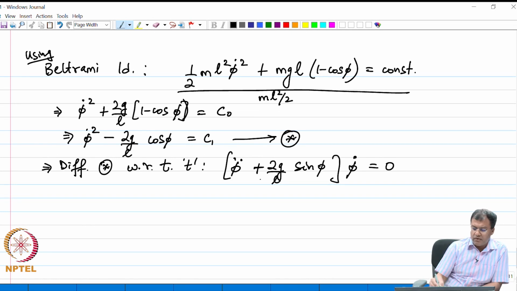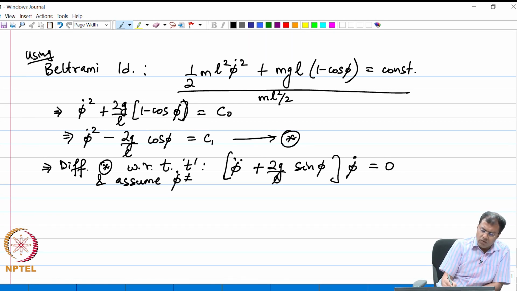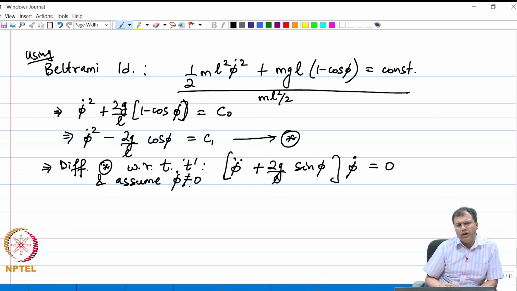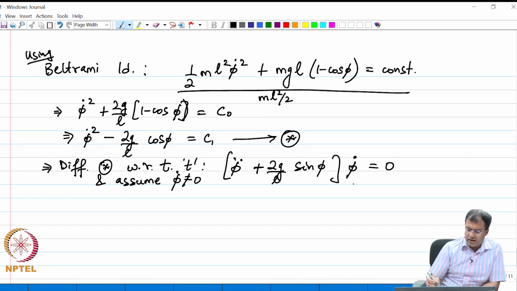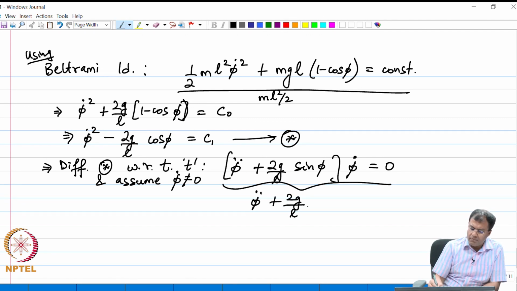So, phi dot appears in both quantities, so it is taken out common, and further we assume that phi dot is not 0, otherwise we are going to get a trivial solution, phi is a constant, and that is something we are not after. So, the solution reduces to the following equation: 2g by L sin phi is equal to 0, right.